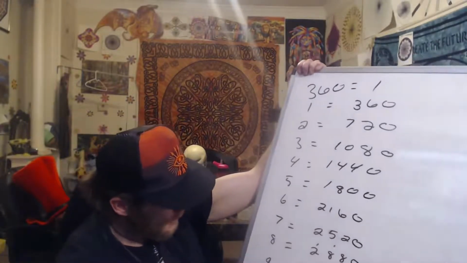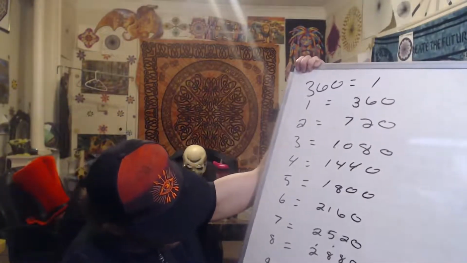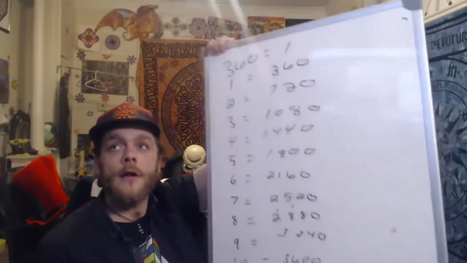And then 10 equals 3600. Just showing you the first 10 numbers.